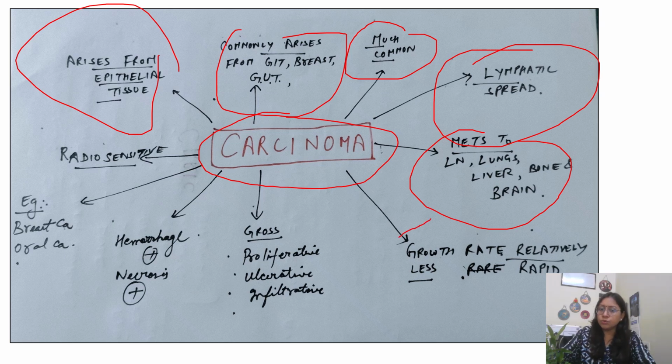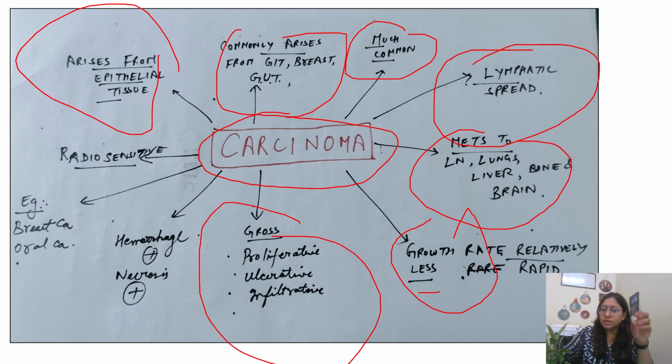Then coming to your growth rate. Carcinoma has a relatively lesser growth rate as compared to your sarcoma. Then when you see the gross feature of a carcinoma, it is proliferative, ulcerative, fungating, infiltrative growth type.